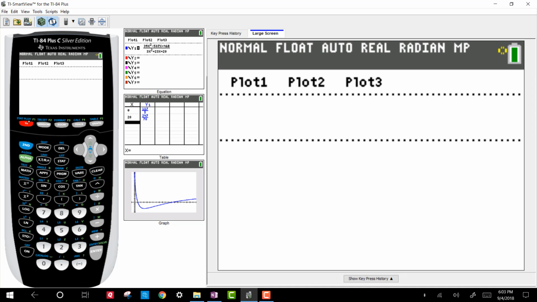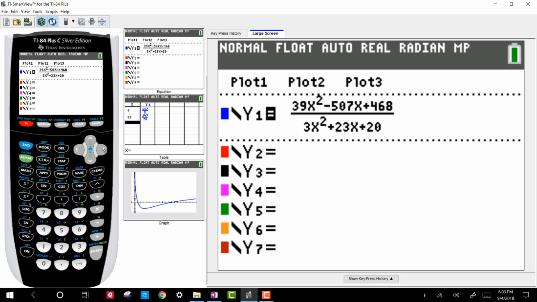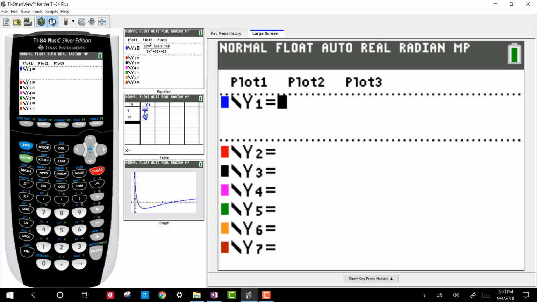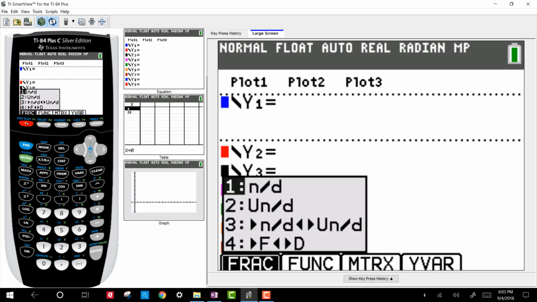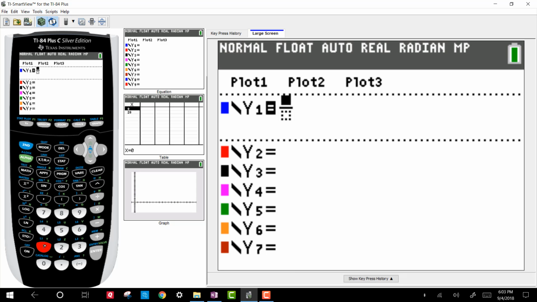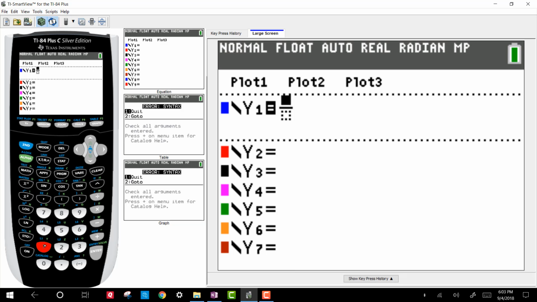We're going to go to our y equals, and we're just going to hit clear, and then we're going to graph the new function. So we go to the alpha key, the y equals key, that pulls up your menu. Hit number 1 for fraction, and let's type in what we've got here. So we have d of x, which is our function.